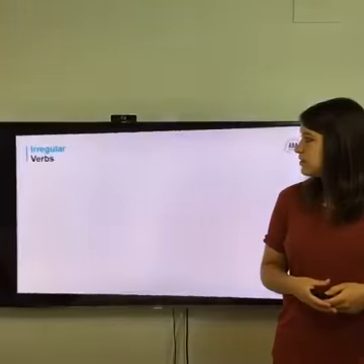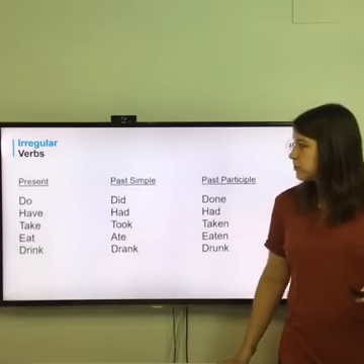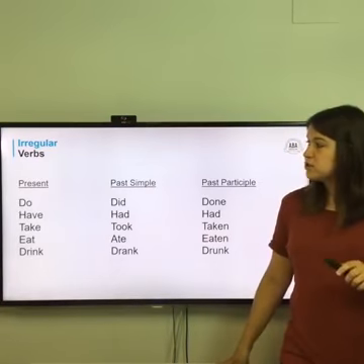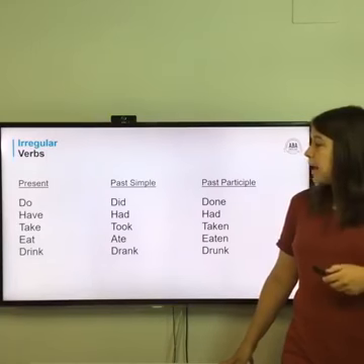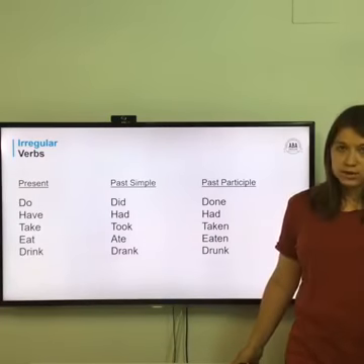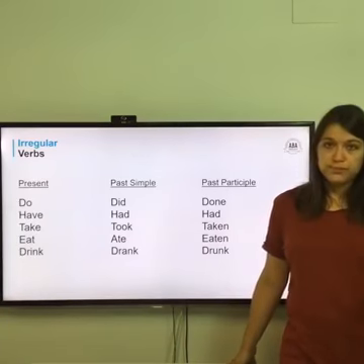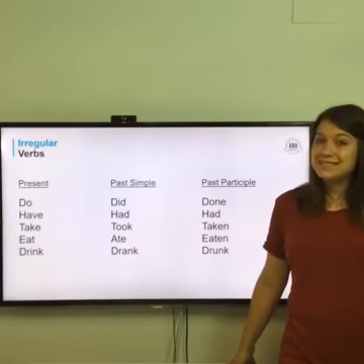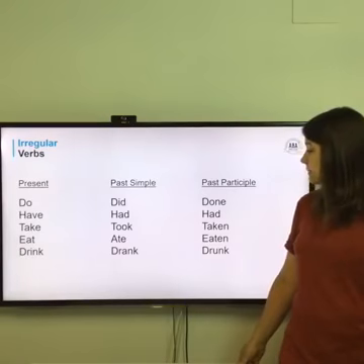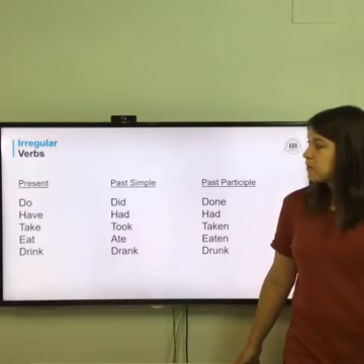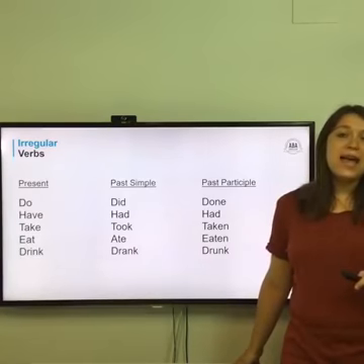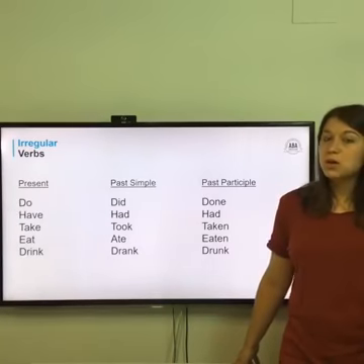Okay? Let's take a look at some irregular verbs. We're going to look at the present or the infinitive, the past simple, and the past participle. Okay? For example, for the verb to do, the past simple is did, and the past participle is done. For the verb to have, the past simple is had, and the past participle is also had.